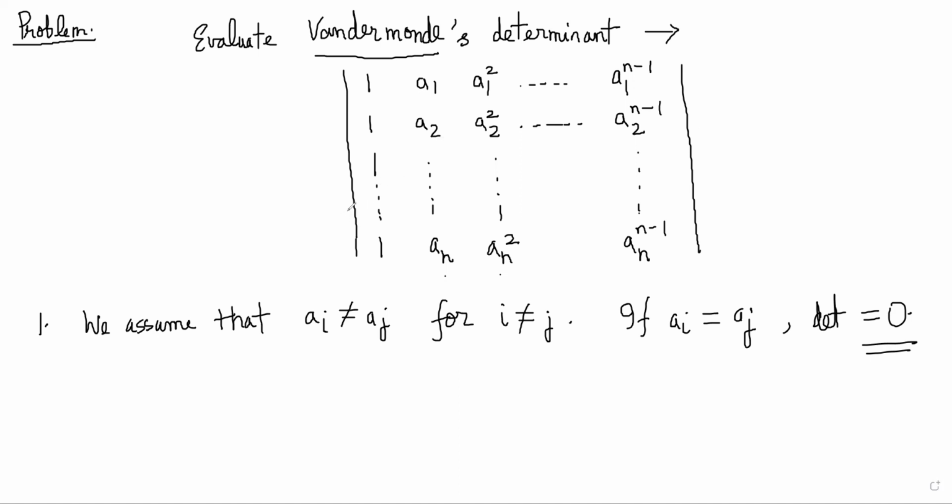So now let's proceed to trying to evaluate the value of this determinant. What we will do is start with a small case. Many times in problems with higher complexities, it will help if you start with a smaller case. So here we'll start with the case n is equal to 3, in which case the determinant looks like this: 1, a, a square; 1, b, b square; and 1, c, c square.